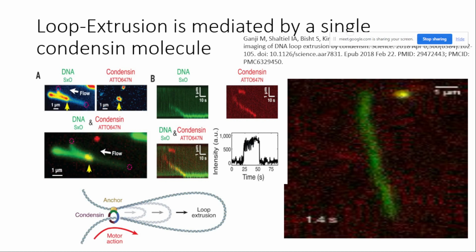Now the remaining question was whether a single molecule of condensate or multiple molecules of condensate is mediating the loop extrusion, right? So for that they use the concept that every fluorophore has a bleaching life, right? Every fluorophore has a lifetime. So after some time that fluorophore will be bleached.